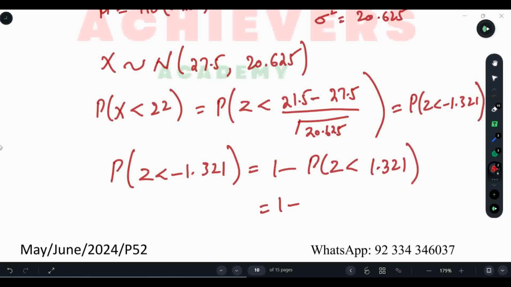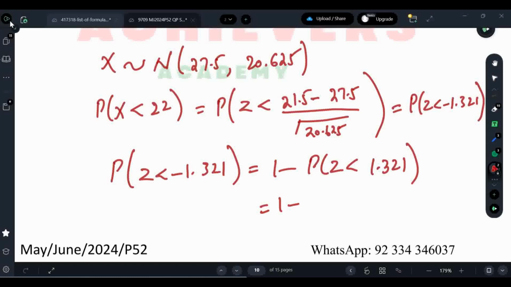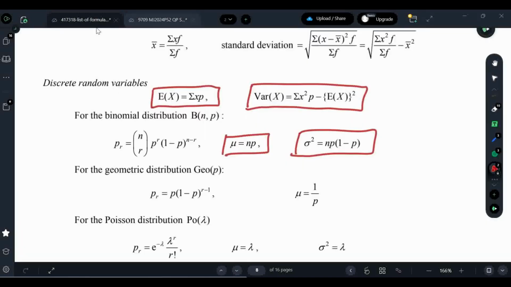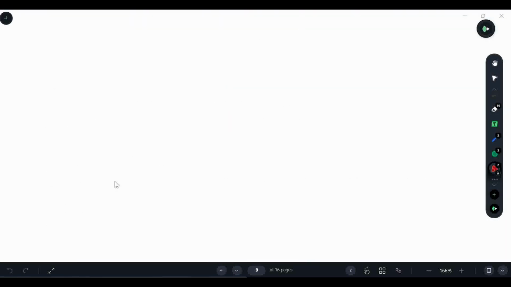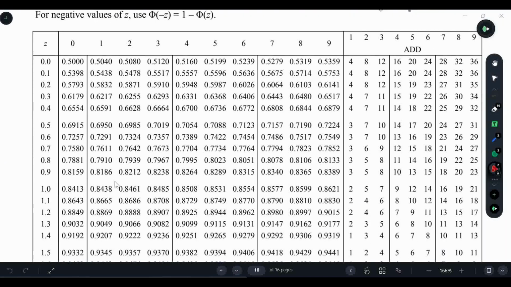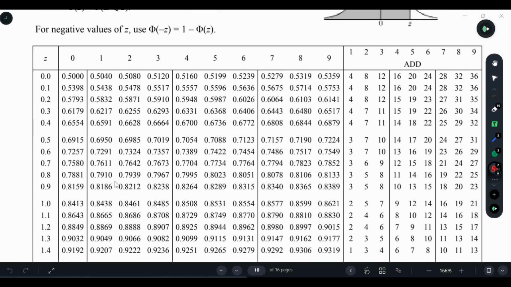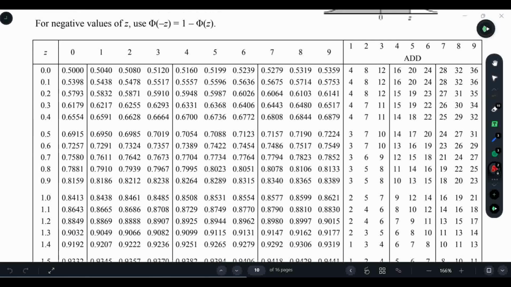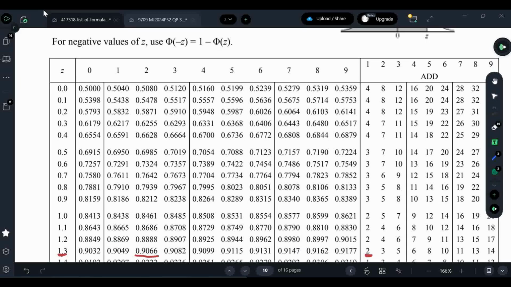Let me use the table. For 1.321, the value is 0.9068.